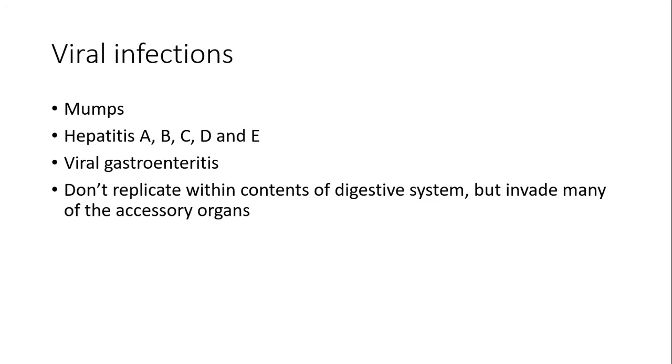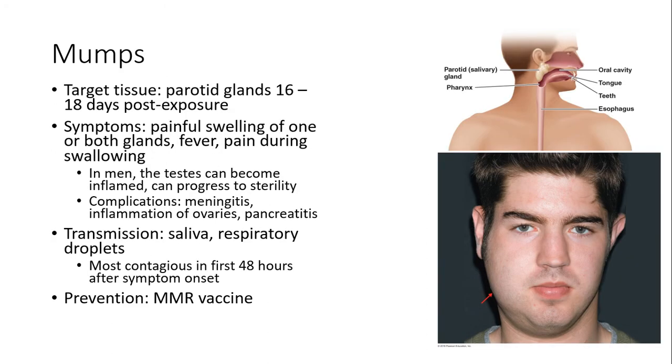So they won't replicate inside the lumen of the intestine or the stomach or any of those tissues. They have to invade some of the accessory organs like the liver, the gallbladder, the pancreas, the parotid glands in order to cause illness. So first we'll talk about mumps.